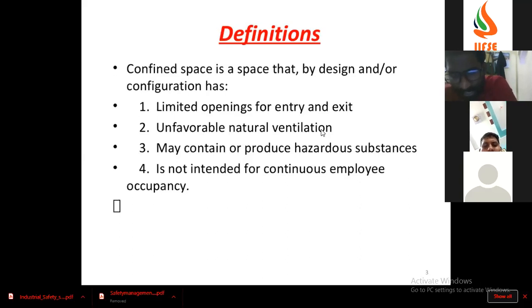So these kinds of hazards, and lack of oxygen, oxygen deficiency, also come under hazardous substances. It is not intended for continuous employee occupancy. Occupancy means no one should go and occupy that area. Like, we should not go stand, or chill, or have a conversation in confined spaces. That should not happen.